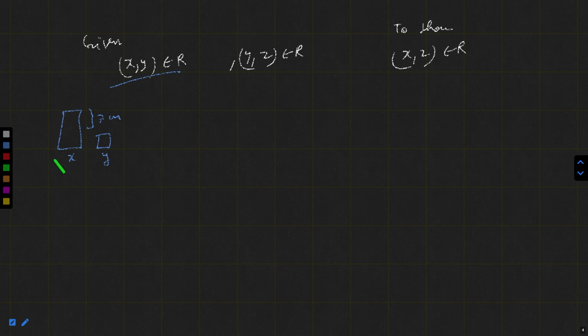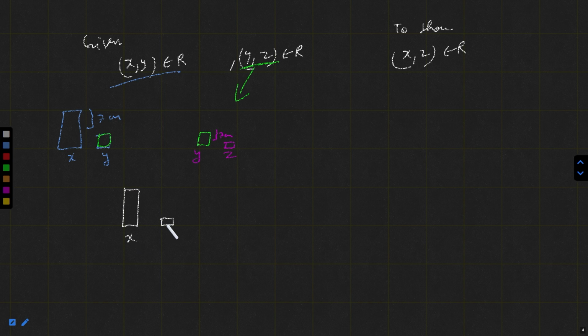And from the other piece of information, y is exactly 7 centimeters taller than z.